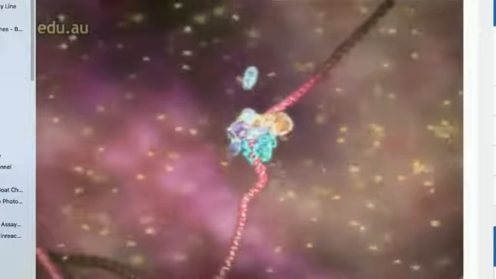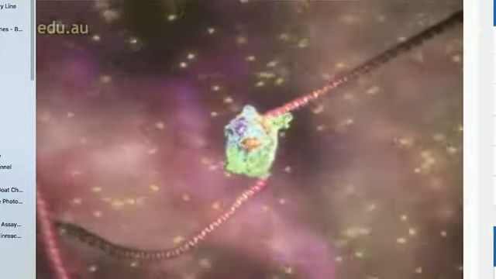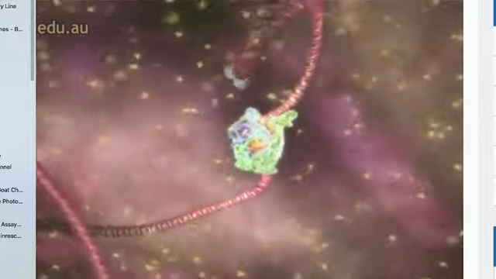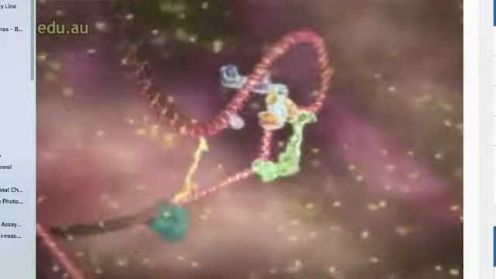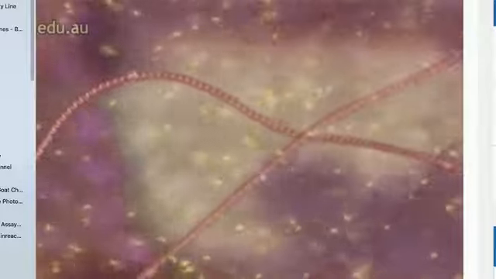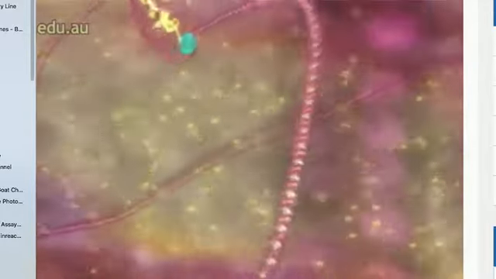This is one of those animations showing transcription. And it basically shows on the double-stranded DNA a lot of things accumulating to make a decision with respect to starting. But now, the whole complex, the RNA polymerase, is just screeching through the DNA, making that messenger RNA.